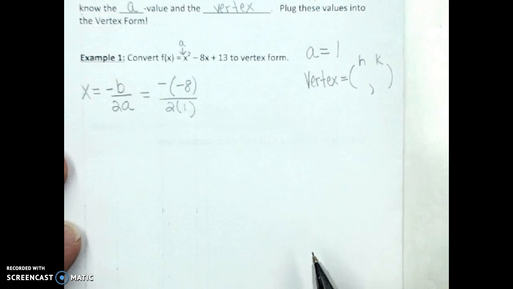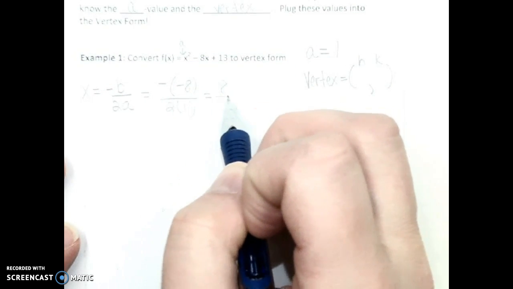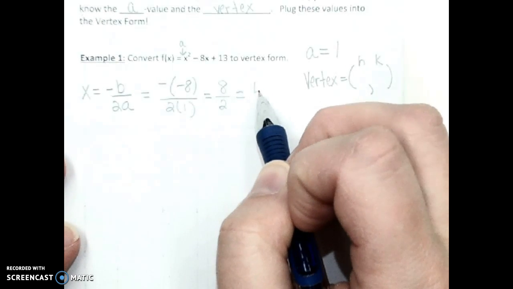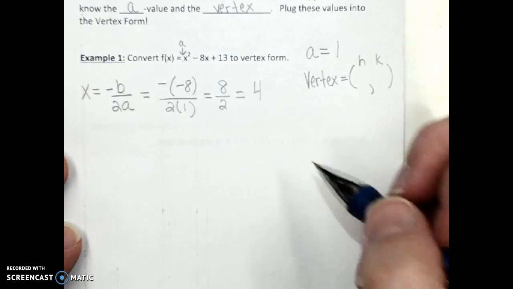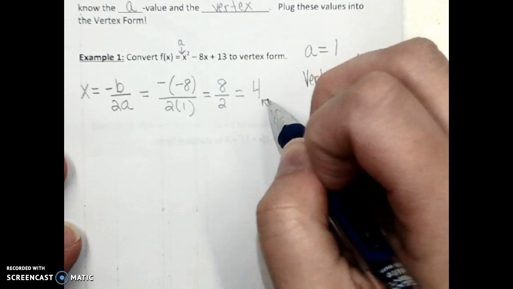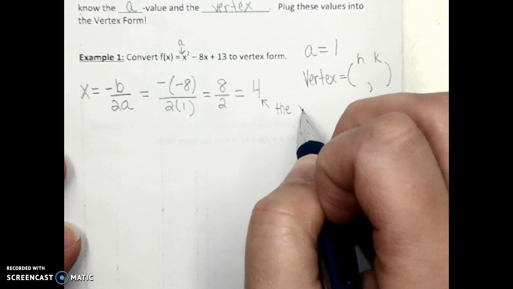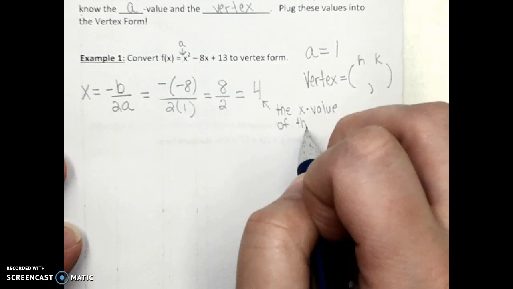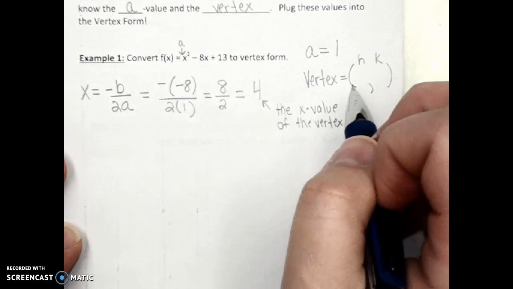You work that out. You can type that in your calculator, or you can do it in your head. Negative times a negative is a positive 8. 2 times 1 is 2. 8 divided by 2 is 4. Now, what is this number that we just got? This 4 is the x value of the vertex. That means I found my h.